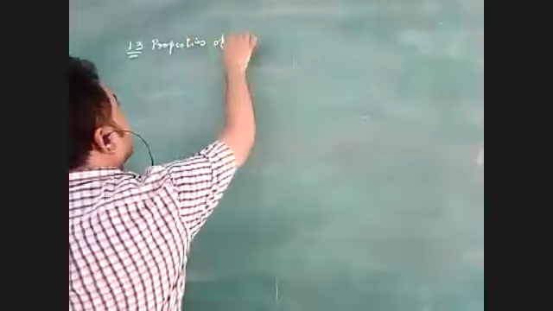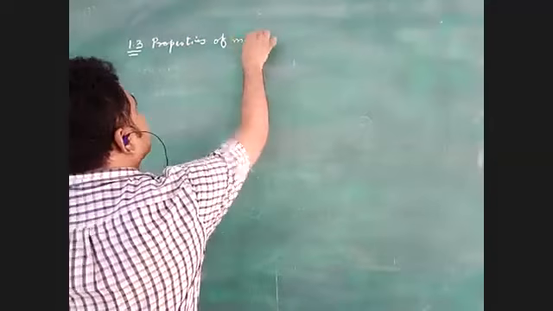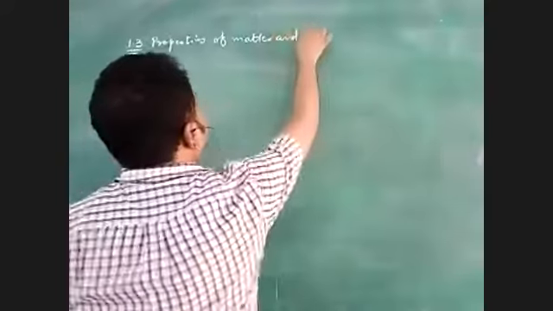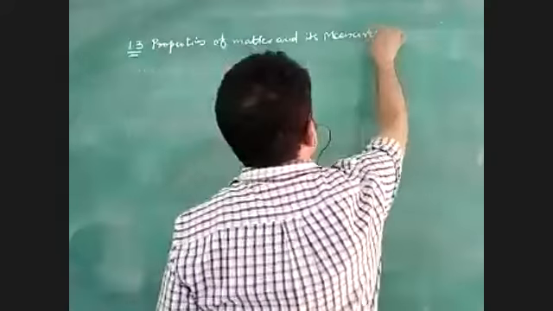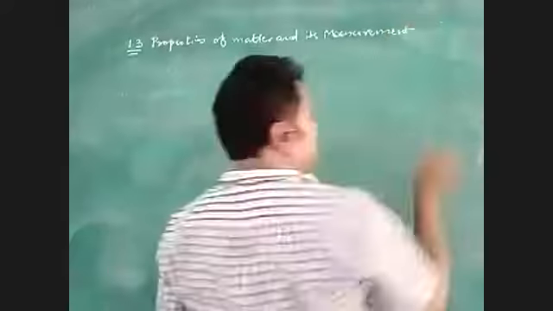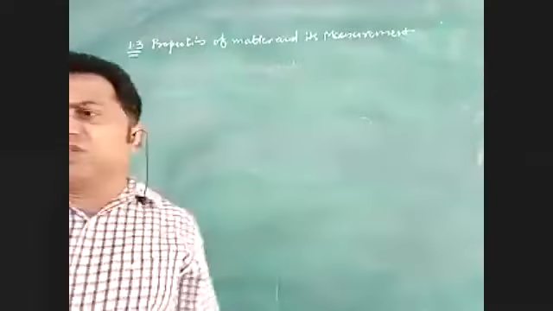So now our topic is 1.3, and this 1.3 will give you some better idea. Properties of matter and its measurement. Okay, so how we will measure, we are going to do this. So this is only the heading.